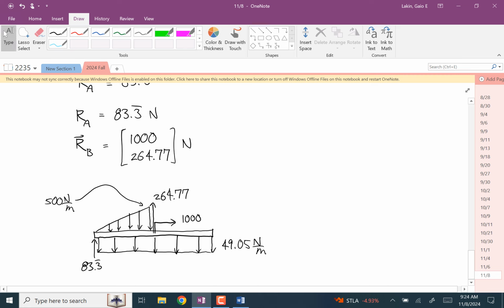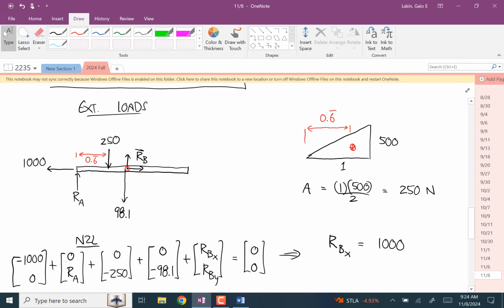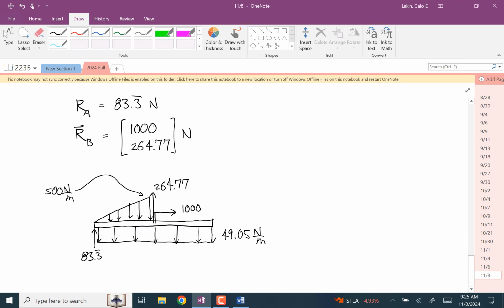The most common mistake that people make is thinking, okay, we have our free body diagram for the external load, and it has a point force representing the triangular distributed load and a point force representing the weight, okay? And so then when they go to the cuts, they leave those as point forces and do the problem that way.